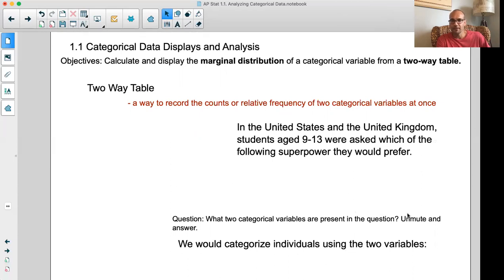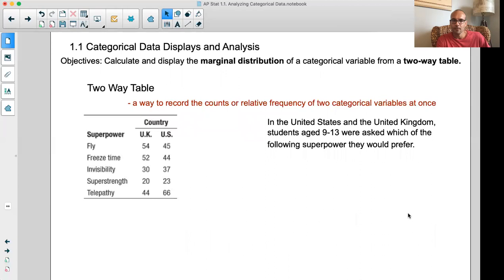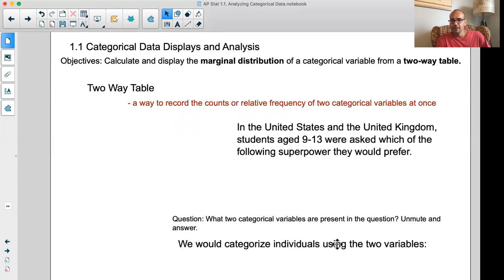If you're brave enough, you could unmute and answer yourself if you're working with me live here. So I would say that the two variables we're using here are country of origin. That's one variable that has two categories. And then also superpower, which superpower they're interested in, is another variable. And it sounds like there would be 5 categories for that.